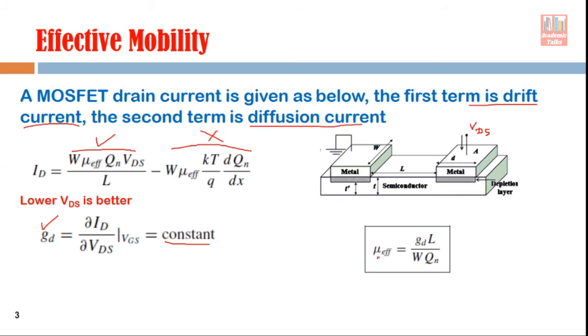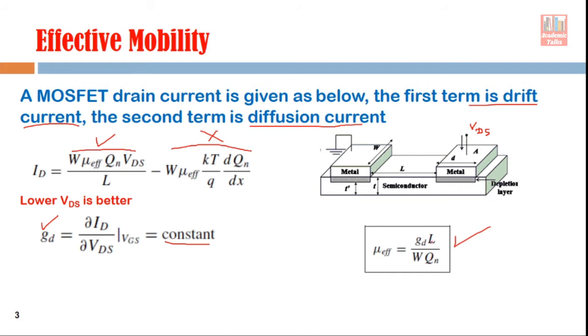For the effective mobility, W will get multiplied by GD, L will be multiplied here, and W will come into the denominator. This Qn will also go into the denominator. So the effective mobility in case of a MOSFET device will be given by this particular equation. You can see here, if you want to find out effective mobility, what we need?